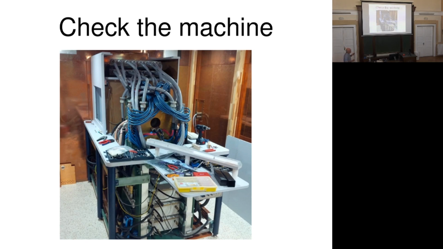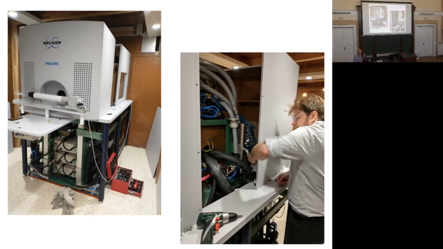This is how the machine looks during some repairs, but we don't do this on our own, only small repairs we do by ourselves. These are not very old images, this is from yesterday. Of course, we are not going into the electronics and stuff like this, but if there's some leak of water, because the magnet is cooled by water, we can fix it.